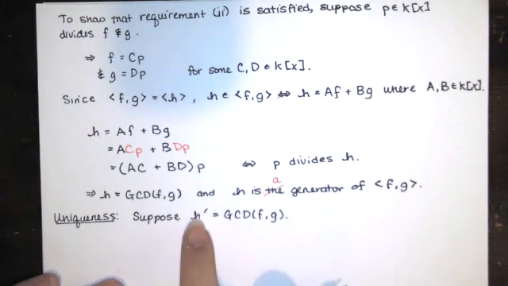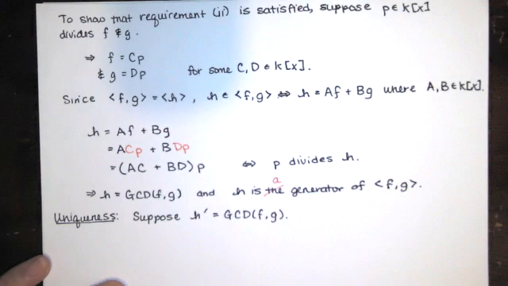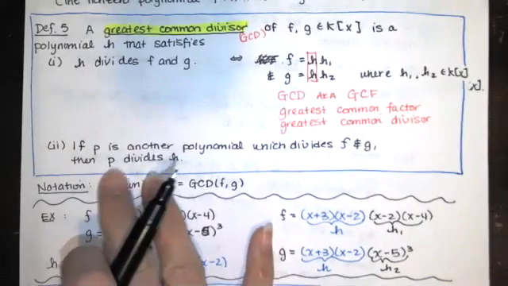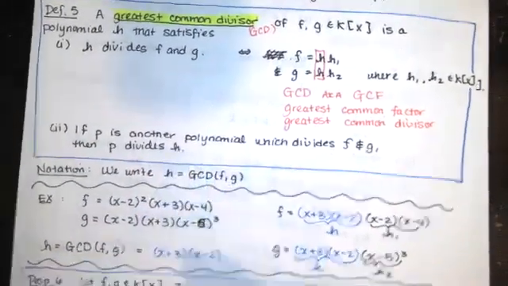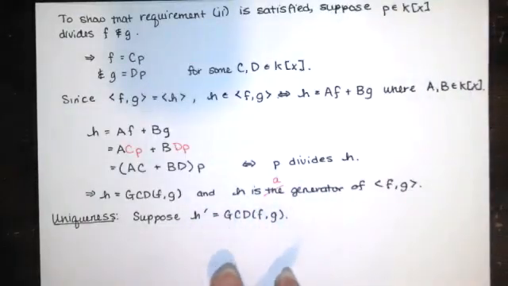Okay, since H prime is a GCD and H is a GCD, that means that both of those divide both F and G. And if there's any other polynomial which divides F and G, that polynomial divides both H and H prime. So if you've got two GCDs, they have to divide each other.